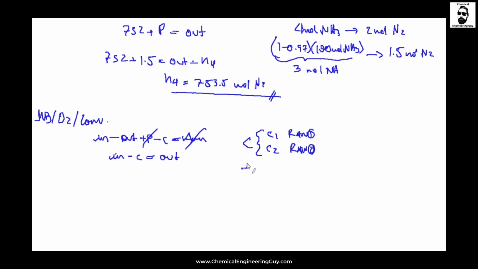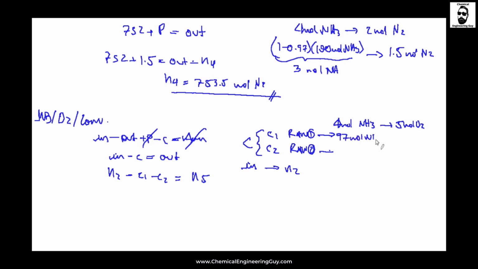The inlet is equal to N2. So N2 minus C1 minus C2 will give me the outlet, which is N5. And let me find these consumptions. 4 moles of NH3 need 5 moles of oxygen. And the second one is, I have 97 moles of this. I will need at least 121 moles of oxygen. So this is consumption number 1. Let me write it before I get you lost.